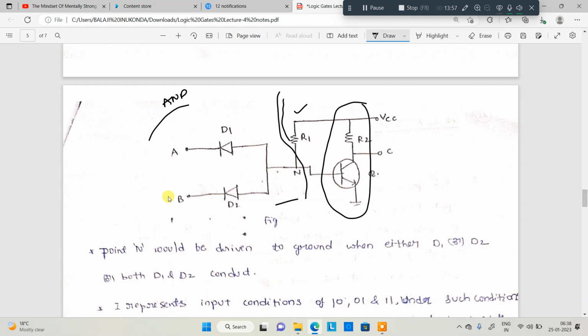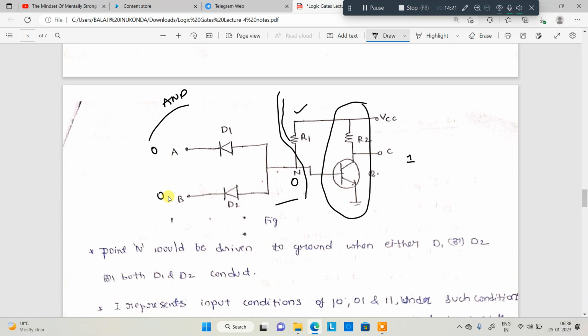Let us see how exactly. For example, both inputs are 0. These two diodes are reverse biased. Whenever both diodes are reverse biased, the output is 0. That 0 is connected to the NOT gate, so the output will be 1. Whenever both inputs are 0, we will get the output as 1.